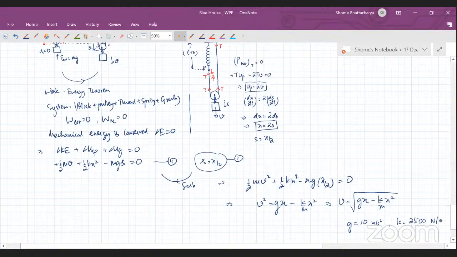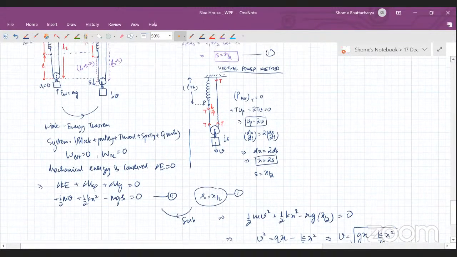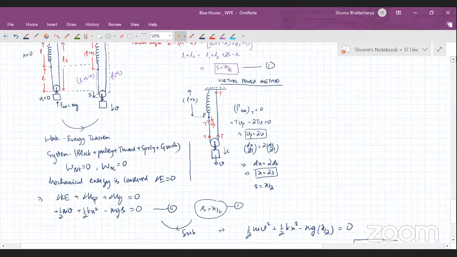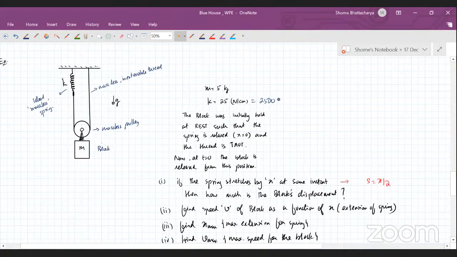K is 2500 Newton per meter, substituting this in SI unit, and mass of the block was 5 kg, or whatever. I don't remember the values that were taken. Yeah, 25 Newton per centimeter, and 5 kg.